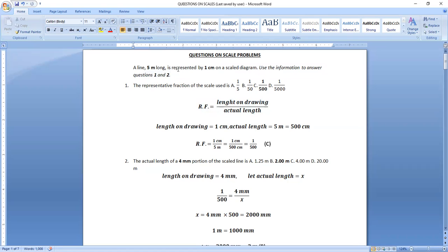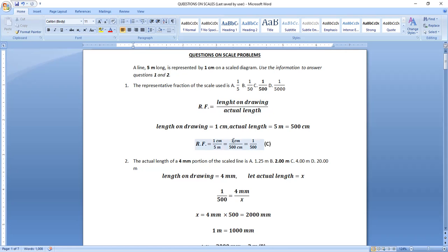So from the instruction that we were given here, we have that the length on drawing is 1 centimeter, and the actual length is 5 meters, which is equivalent to 500 centimeters. So our RF is equal to length on drawing over actual length, which is 1 centimeter divided by 5 meters. And this is equal to 1 centimeter over 500 centimeters, which is also the same as 1 over 500.